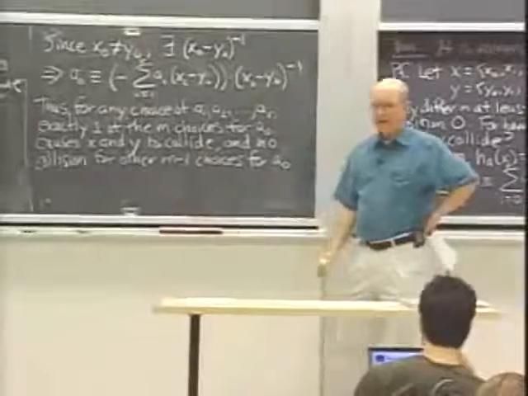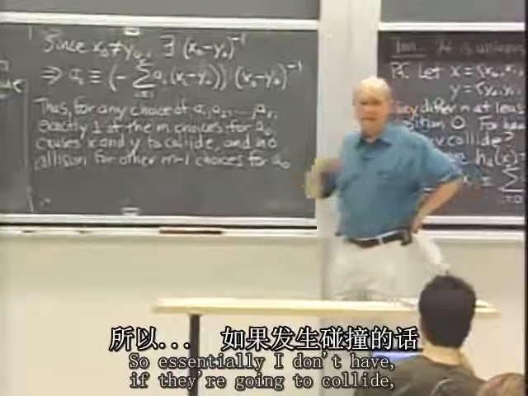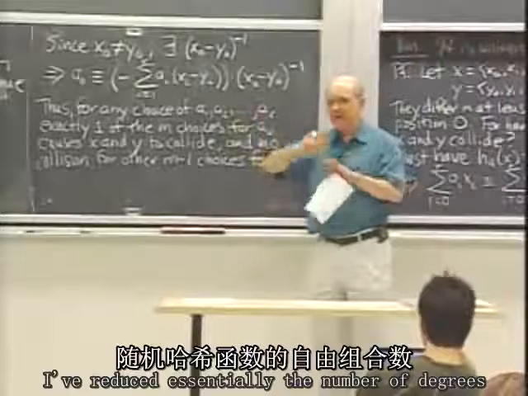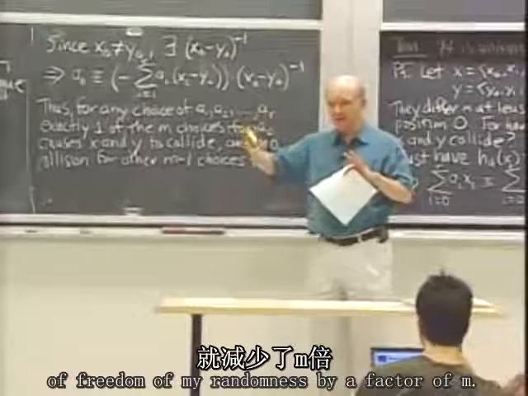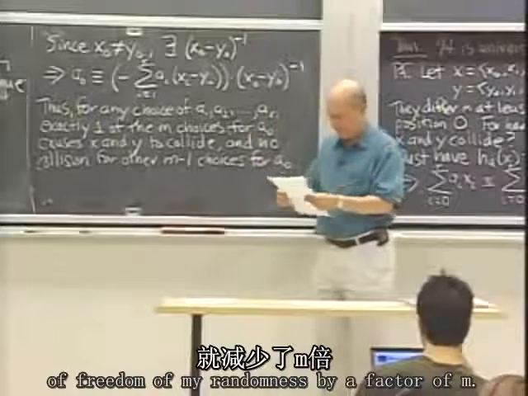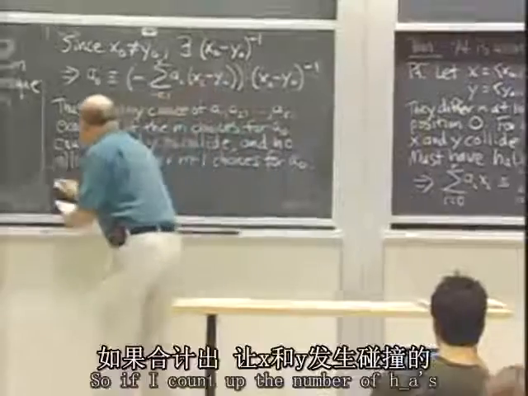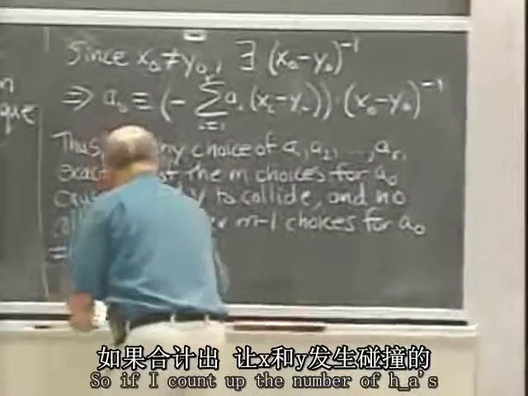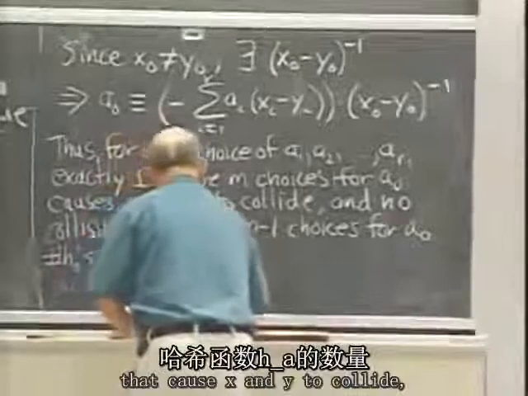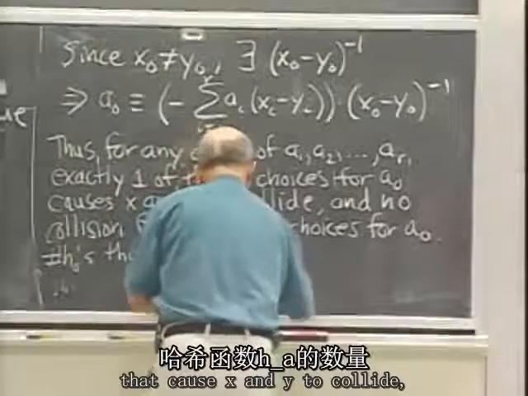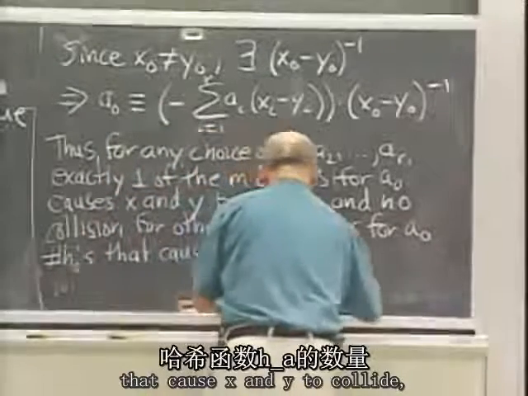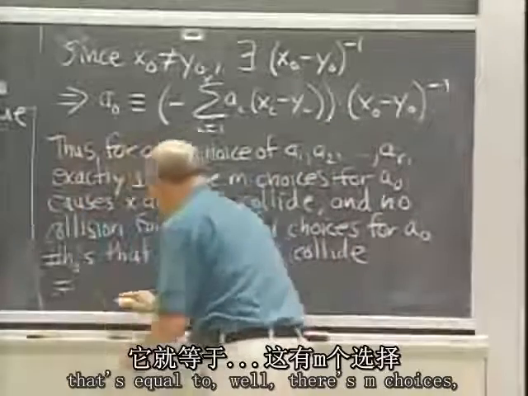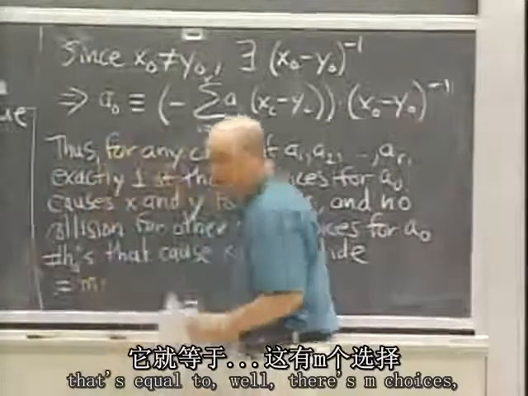Okay? So essentially, if they're going to collide, I've reduced the number of degrees of freedom of my randomness by a factor of m. So if I count up the number of h's that cause X and Y to collide, well, there's m choices, just using the product rule again.